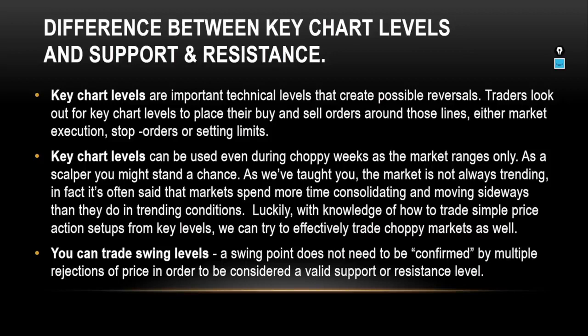So now I'm going to illustrate what I meant by key chart levels. Let's say that the market is starting with a very strong bearish momentum. You can see that the market is now at a very strong bearish momentum.